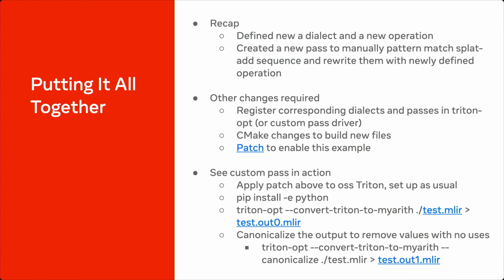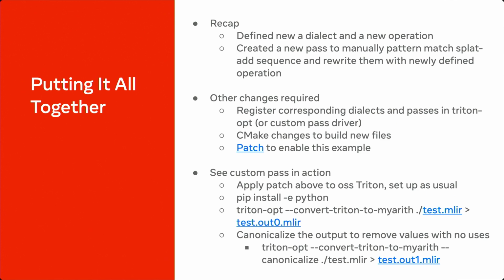We need to register the corresponding dialects and the passes, in this case in Triton opt, which is the pass driver that the upstream Triton already built. We could, of course, also do this on our custom pass driver. We need to make a few CMake changes so that we'll actually build our new files. And I include a link to a patch to enable this example in case you want to try it on your own.